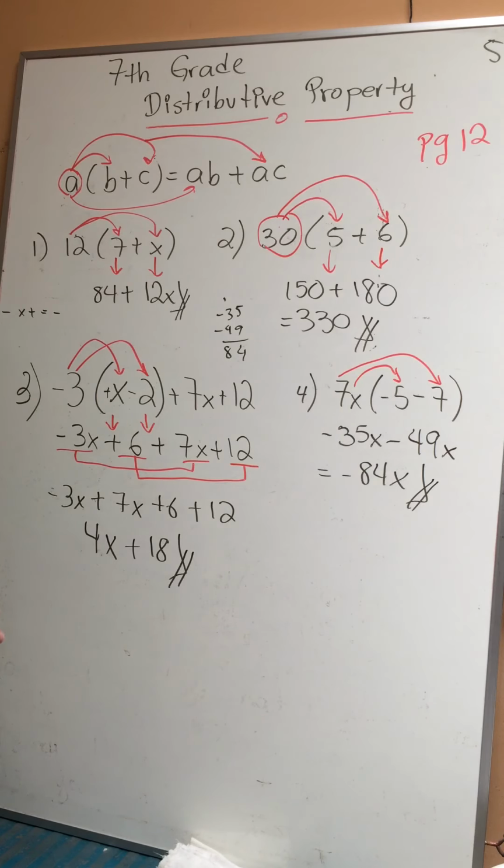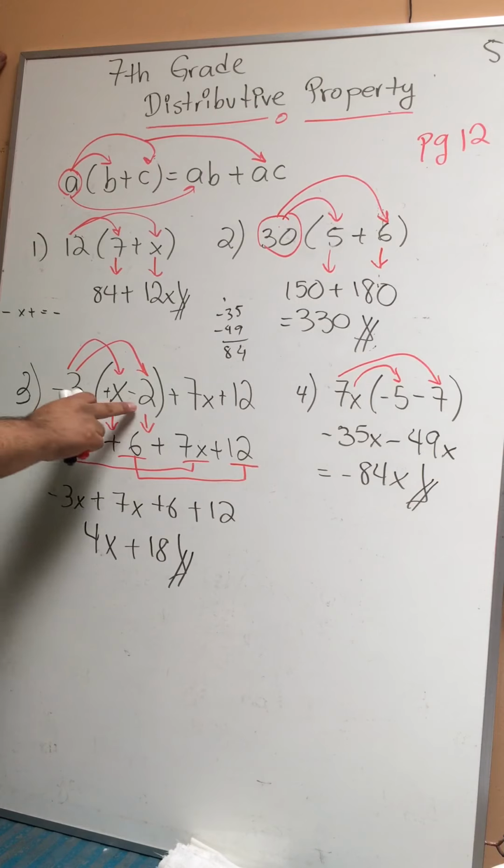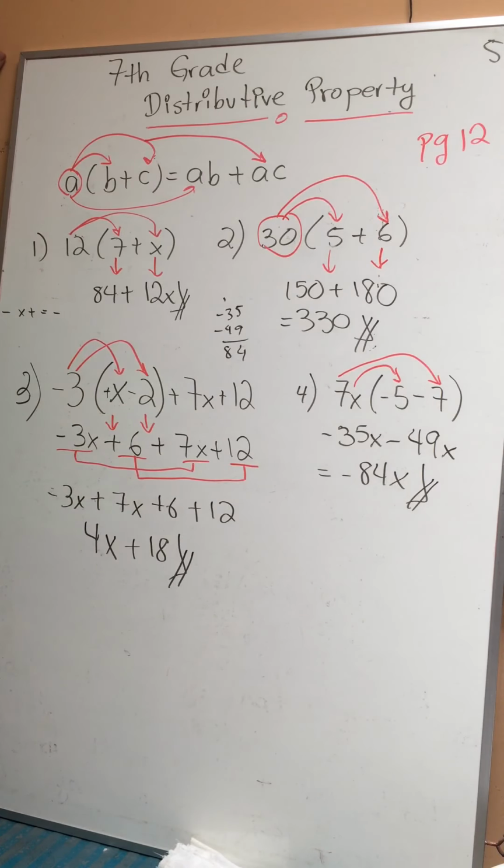Here we are applying the distributive property. And remember, what is the distributive property? We take the number outside and multiply it by both numbers that we have inside. Where do we have to be careful? When we have negatives, like here. So we have to remember the rules for negatives. Negative times negative is positive.